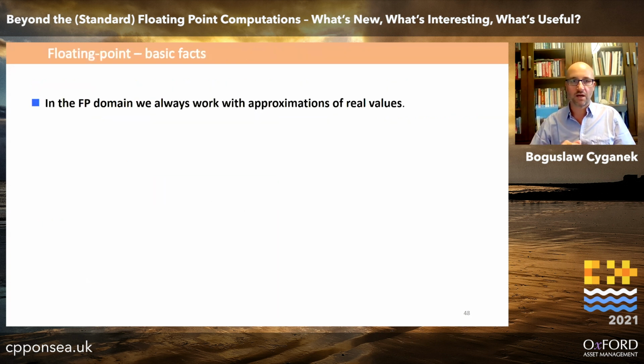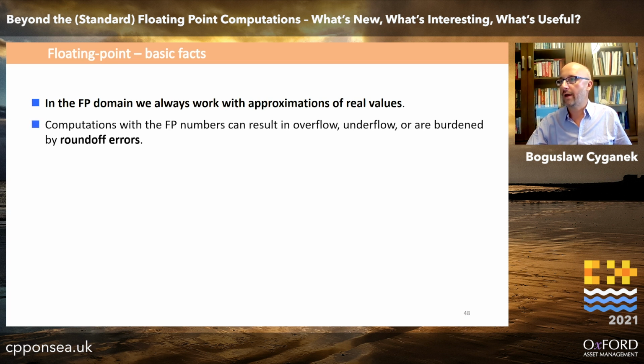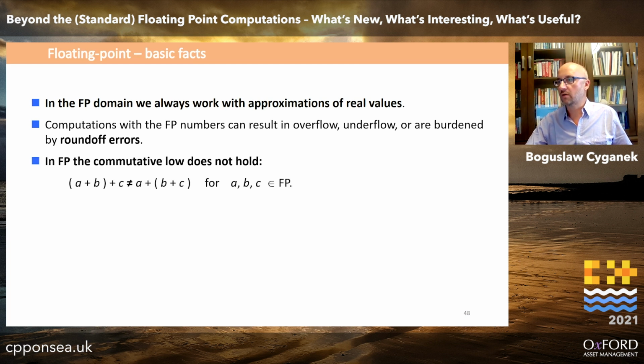So just to summarize the basic facts about floating points, we always work with approximation of real values. Computations can result in overflow, underflow, and are burdened by round-off errors. Commutative law doesn't hold, so order of additions does matter.